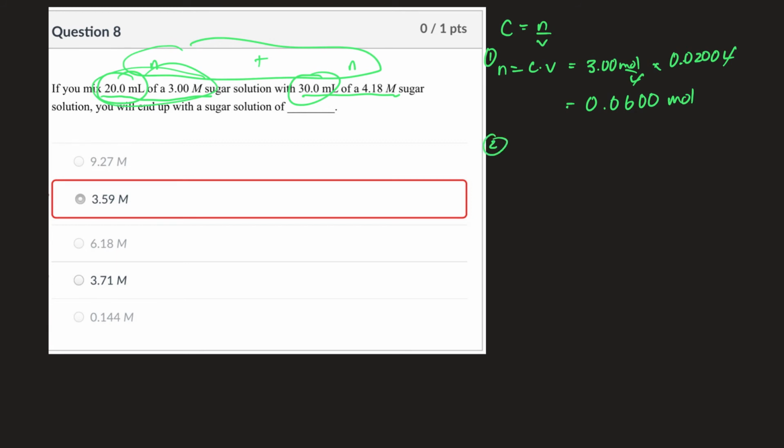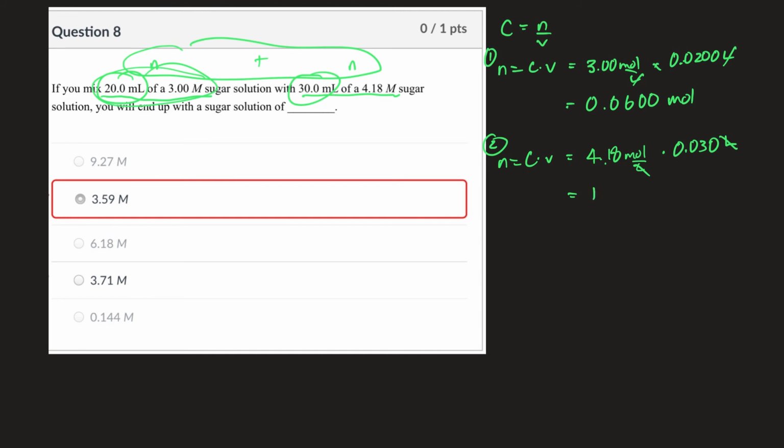Second solution, same formula, C times V. So the C is 4.18 moles per liter times 0.030 liters. Liters cancel. So I can't do that in my head. 4.18 times 0.03.